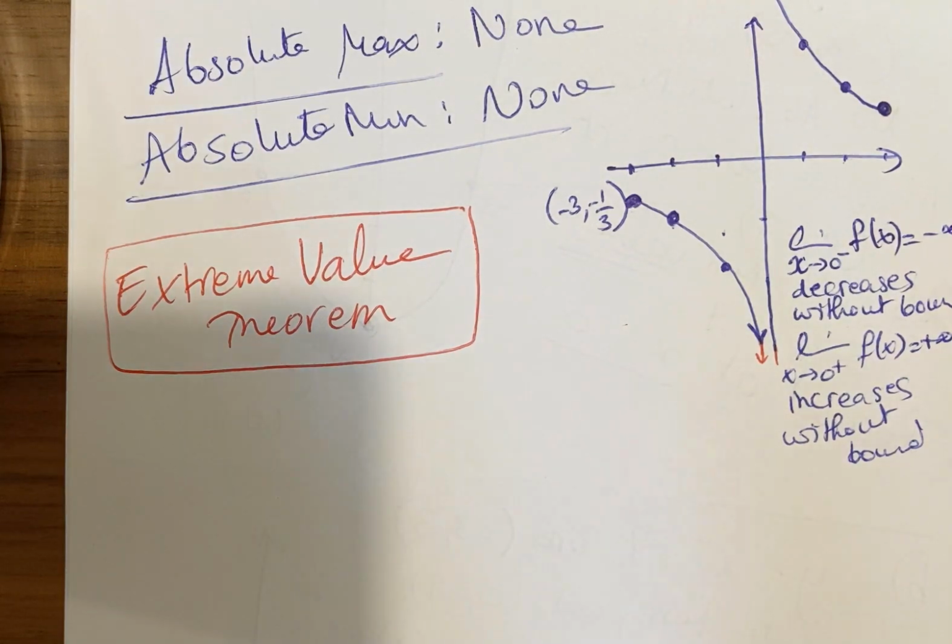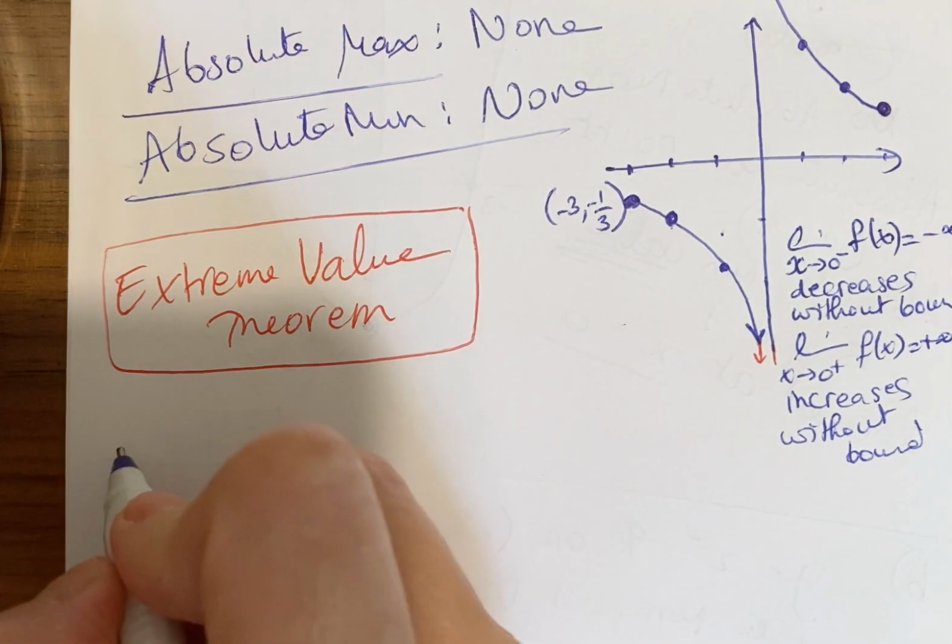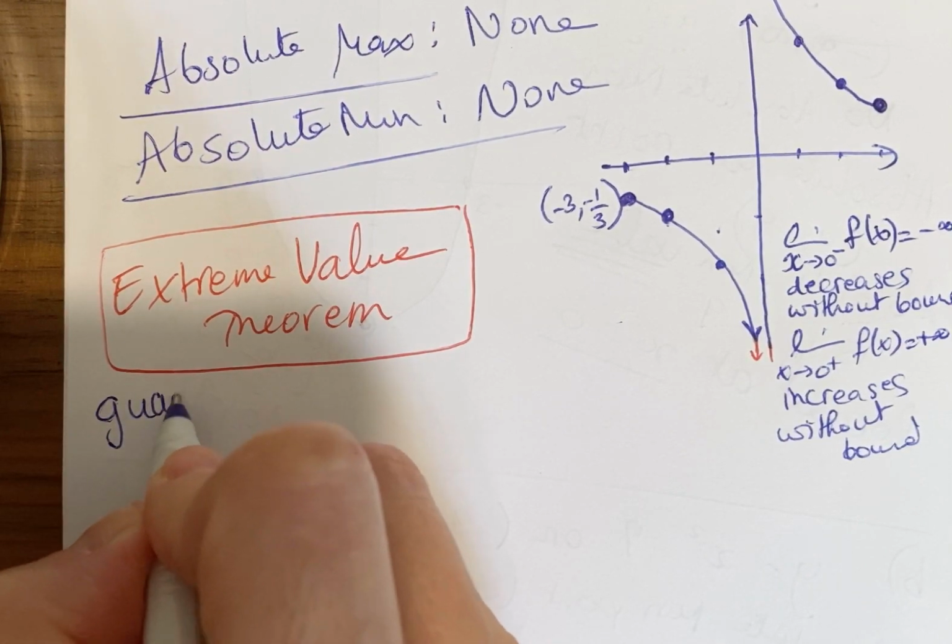There is one case though, where we can guarantee we have a max and a min. In other cases, things are not guaranteed. In this case, things are guaranteed. We know for sure an absolute max and an absolute min happen. In the other cases, we cannot guarantee anything. So that's what the extreme value theorem does. That's what I want you to understand.